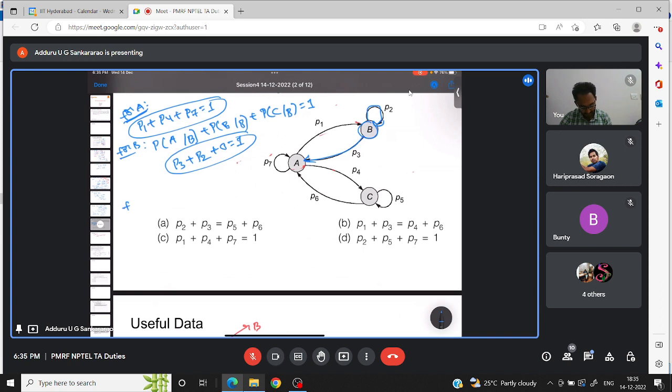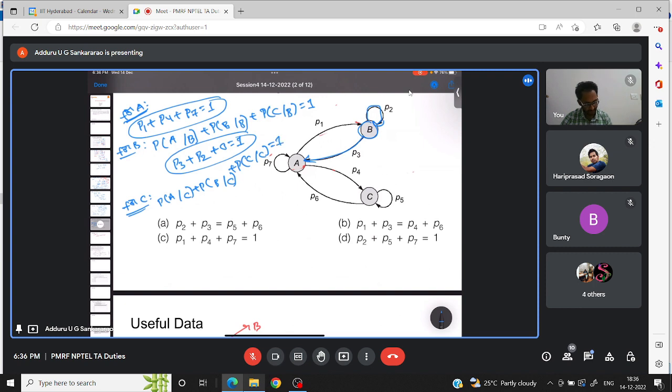Similarly, for state C, can somebody tell, for state C, what are the three states' transition probabilities? You are in state C, you may go to state A, or you may go to state B, or you may stay in state C only.